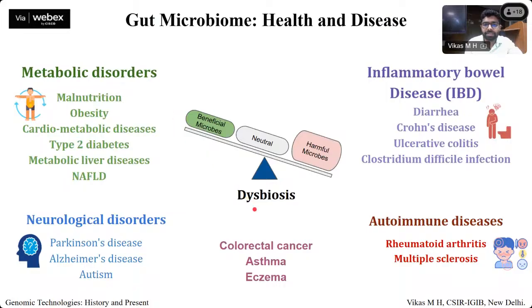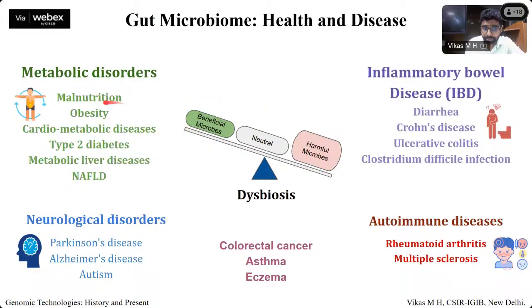A lot of studies have come up showing that in many of the metabolic disorders like obesity, malnutrition, cardiometabolic diseases, diabetes, there's a dysbiosis of microbes, where some of the harmful microbes are increasing, and this change can be a result of the disorder, or it can be the cause of it.